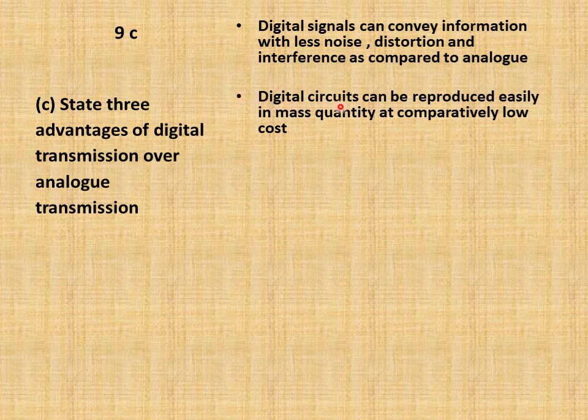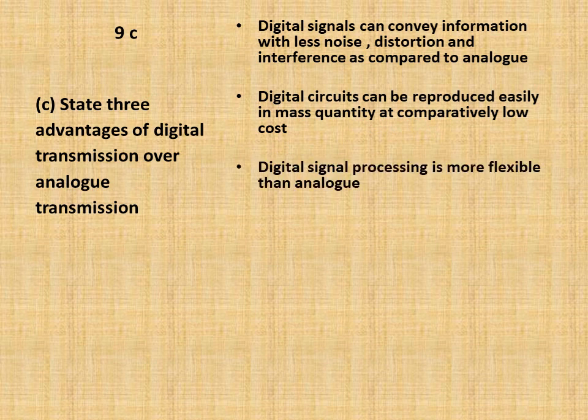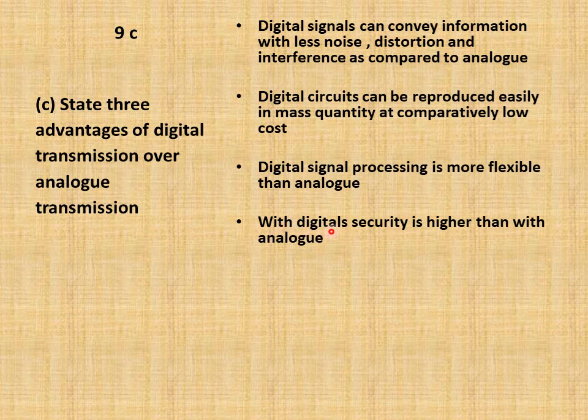Digital circuits can be reproduced easily in mass quantity at comparatively low cost. Digital signal processing is more flexible than analog. With digital signals, security is higher than with analog.